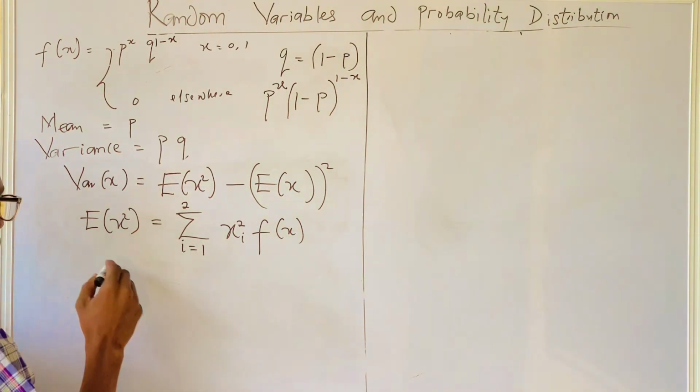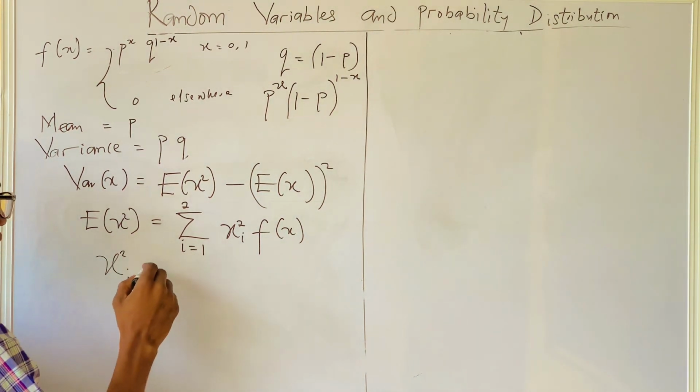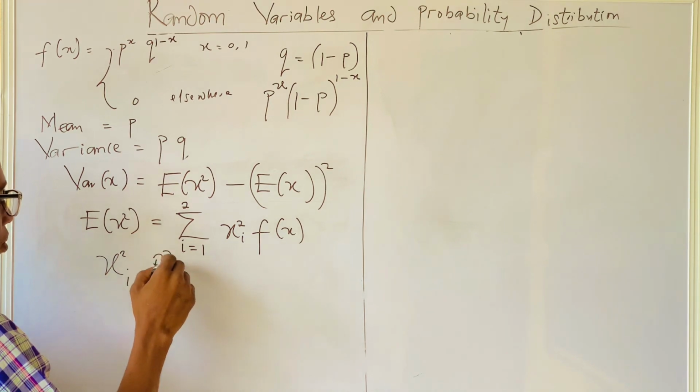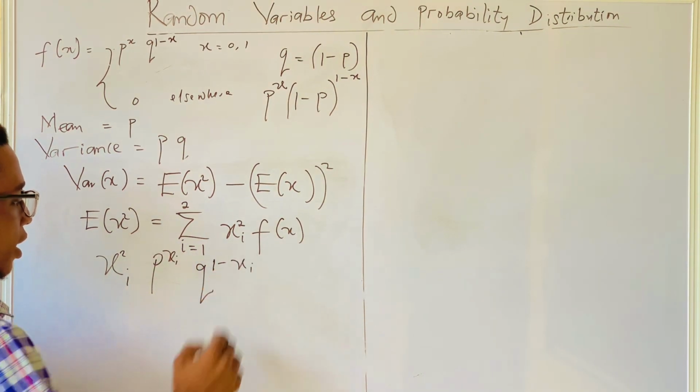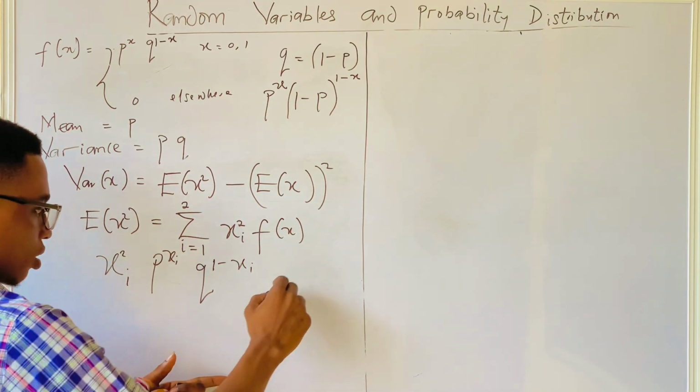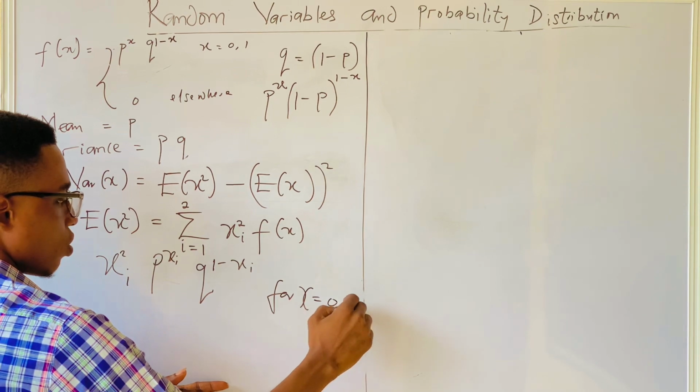expression. So we have xi squared p^xi q^(1 minus xi) for x from 0, 1.